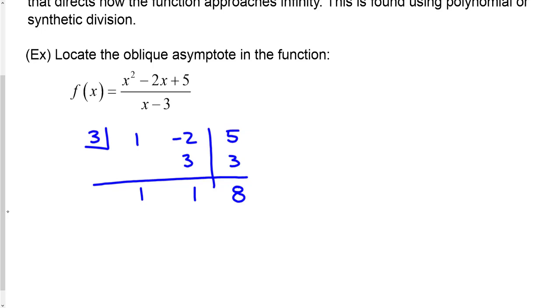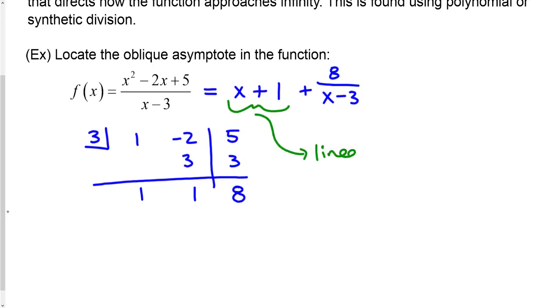So basically what this means is this rational can be expressed as x plus 1 plus 8 over that original denominator. And if you'll notice, the x plus 1 is a linear equation.